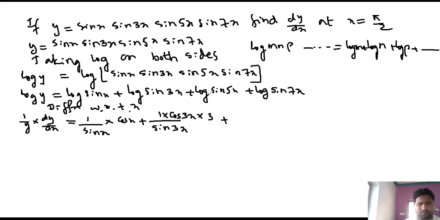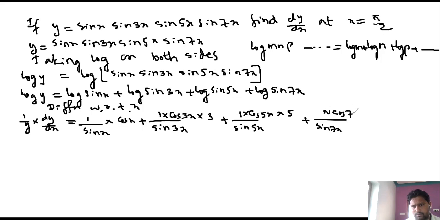Plus, same for log sin 5x, it is 1 by sin 5x into cos 5x into the derivative of 5x, which is 5. Plus 1 by sin 7x into cos 7x into 7.